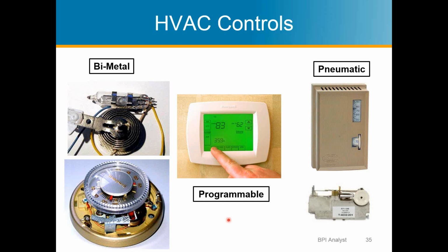Programmable thermostats are not always straightforward, so it's a good idea before you take a field test to make sure you know how to operate the thermostat. I say that all the time, and people say, yeah, I know how to turn it on and off, and during the test they can't turn the furnace on, and I can't help them while they're testing. So just know how to do it.